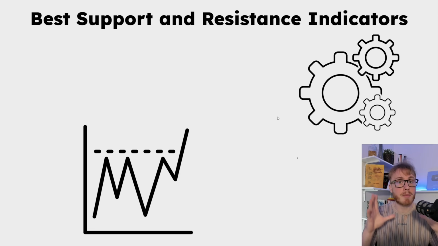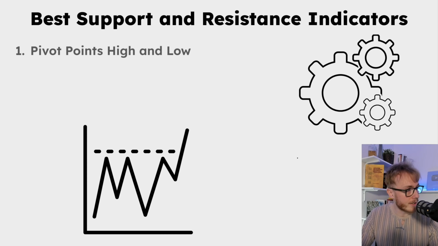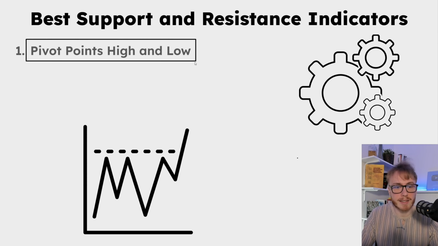With that said, before you watch this chapter, especially if you are a beginner, I highly recommend that you watch all of the previous chapters in this course, because in order to be able to use these support and resistance indicators effectively, it's very important to have this sort of background knowledge of support and resistance. But now, what are the indicators we're going to cover in this chapter? Well, the first indicator we're going to take a look at is something called pivot points, highs and lows.